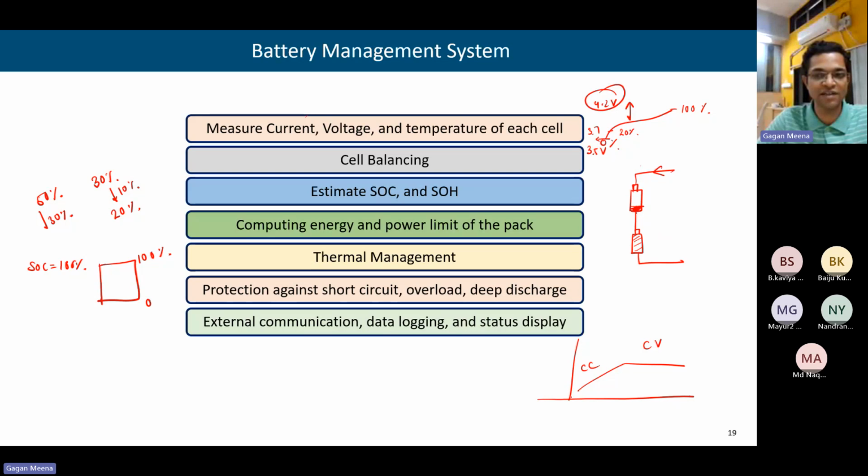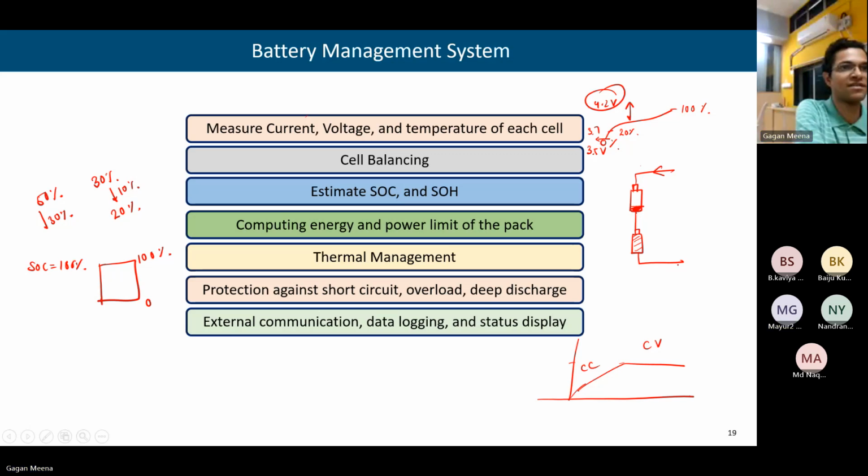This is the constant current region where the voltage will build up. And once the voltage reaches the rated voltage, then the voltage will be held constant and the current will be reduced. That is the same case with any conventional charger, for lead acid.